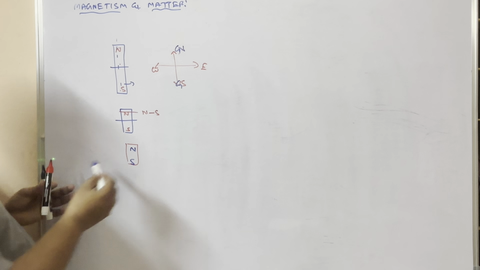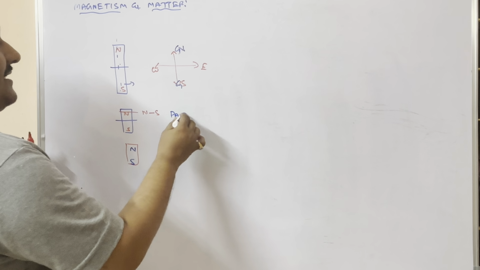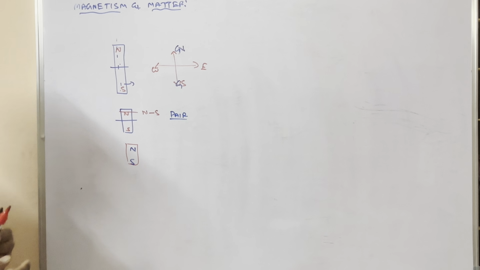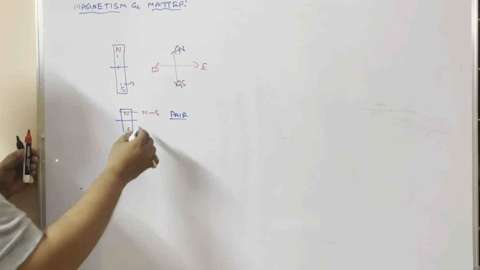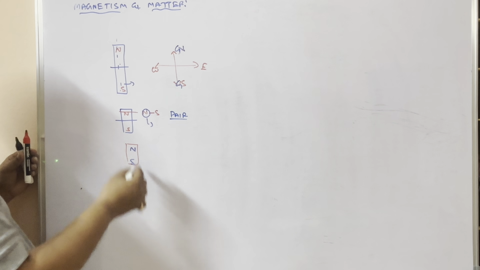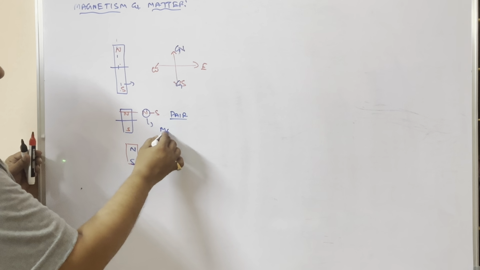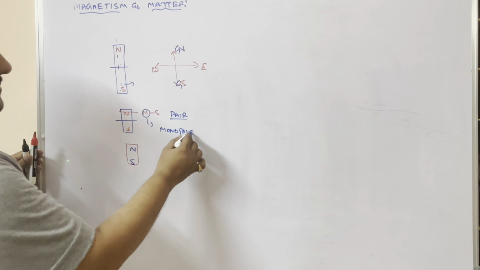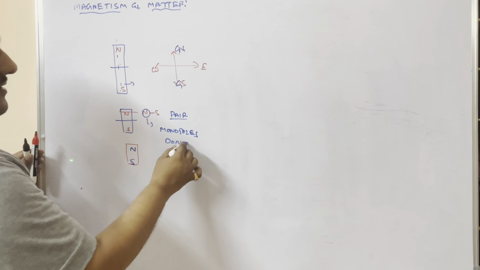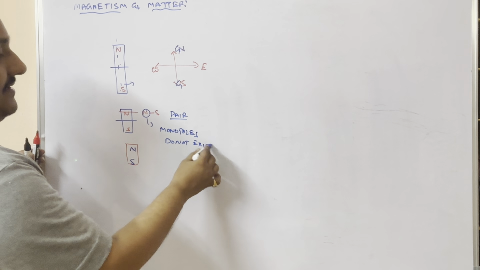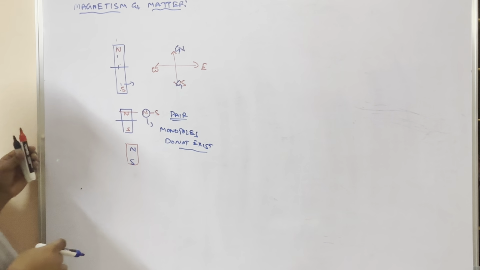This is called the pair property of the magnet. Another one also we get: monopoles, single poles, do not exist.